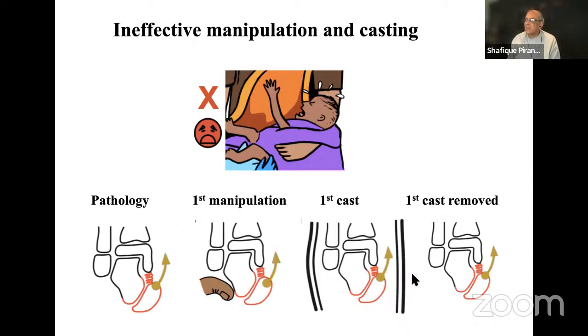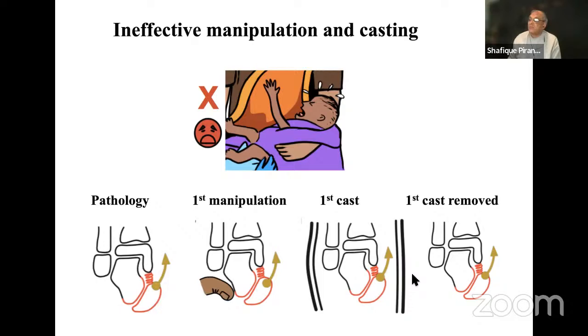So this is a concept that I want to raise, that manipulation is really important. And the casting has to be done with the foot corrected in maximally available correction. That's why the more experienced you are, the fewer the number of casts. And that's why if you're taking 8, 9, 10 casts, it may be that you're not putting on an effective cast when the time comes.